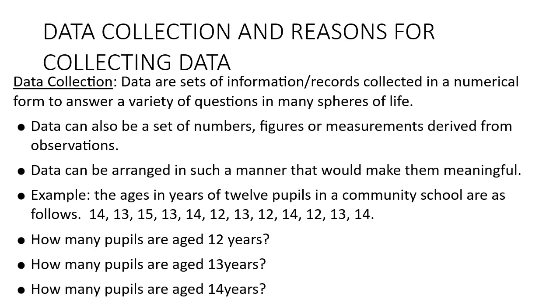Number 3 question, those that are 14 years. You go back, check how many times 14 occurs there. Let's go back and count. 1, 2, 3, 4. We have 4, which means number C is 4 also.